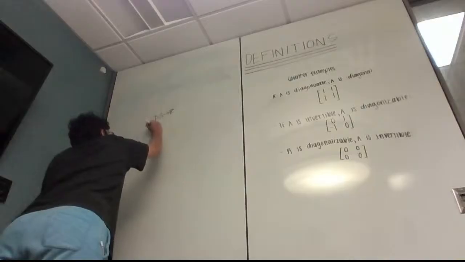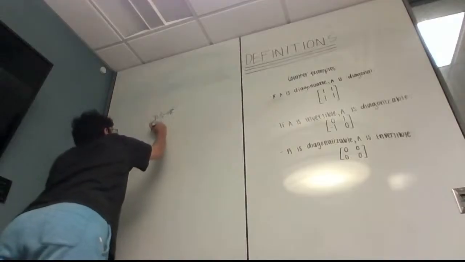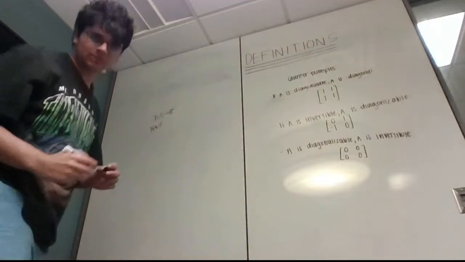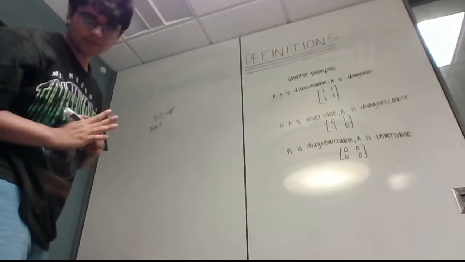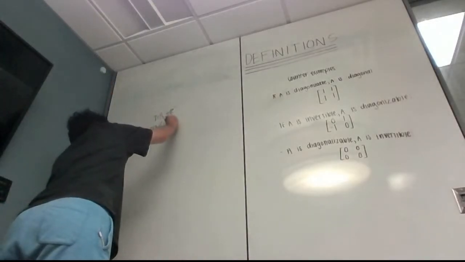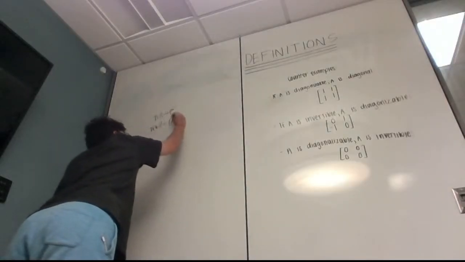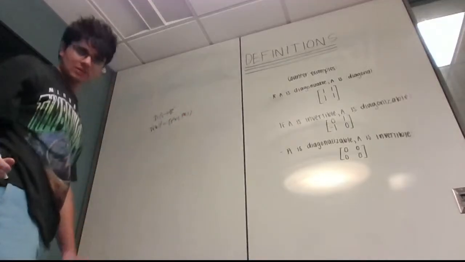T of P of X transforms into the following: P of 0, comma, P of 2.